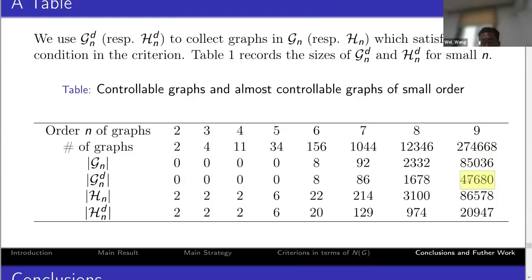That means this is the number of graphs determined by their walk numbers. And this is the number of almost controllable graphs, and this is the number of almost controllable graphs that are determined by their walk numbers.